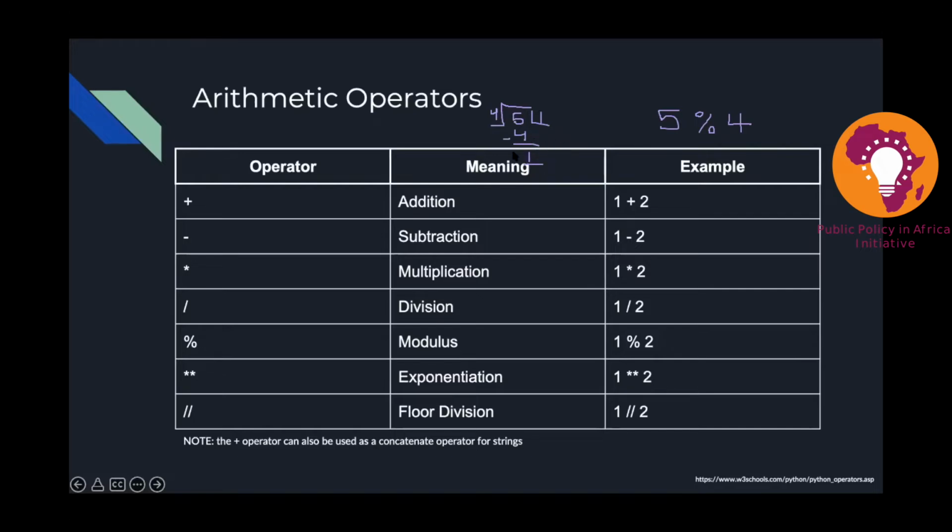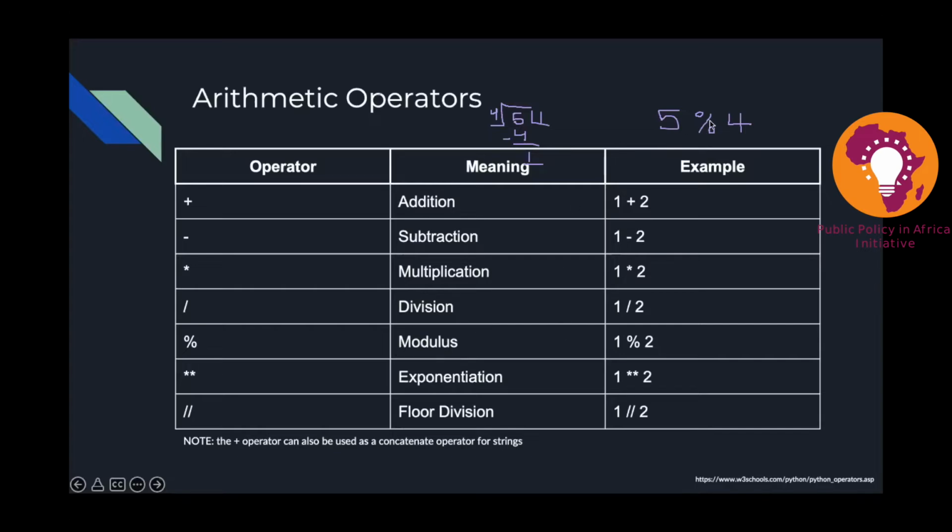Does that make sense? Can you see the annotation that I'm making? You just drop a yes if you can see the annotation. Okay, cool. So this remainder 1 that we have here is the answer from the modulus operator.